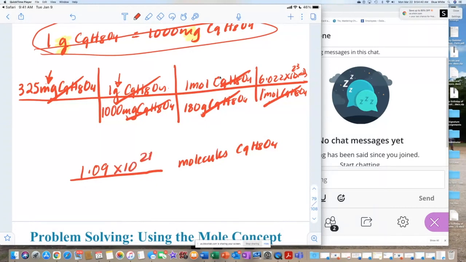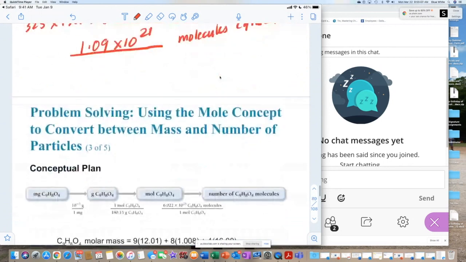Make sure you're multiplying all the top numbers: 325 times 1 times 1 times (6.022 × 10^23), divided by 1000, divided by 180. And this is what I got. Let me check my answer against their answer real quick.